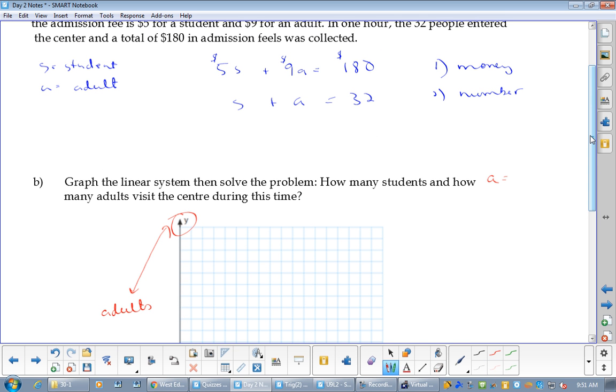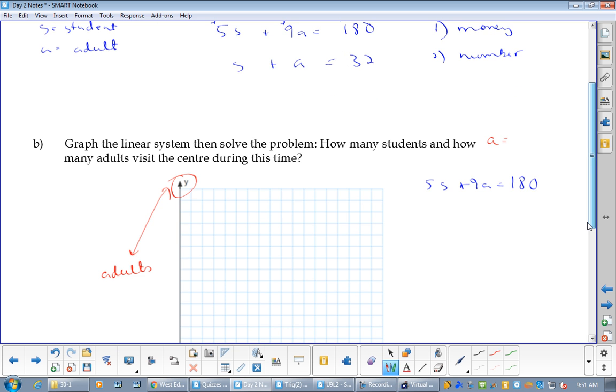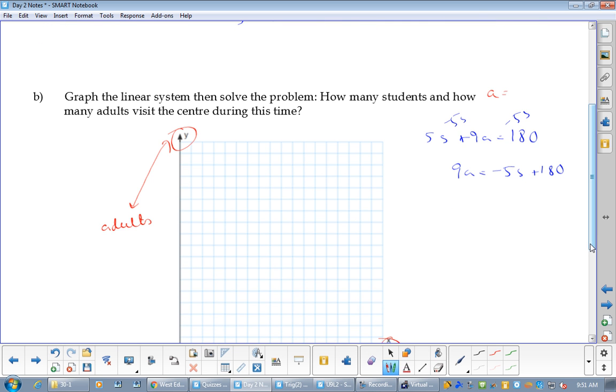So for the top one, let's just write it down. 5S plus 9A equals 180. If I'm going to make it A equals, what do I do first? Minus 5S. I'll have 9A equals negative 5S plus 180. Then divide by 9.